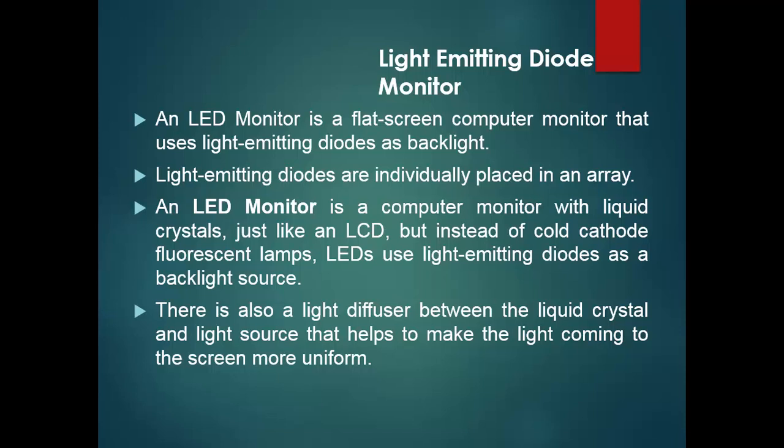But instead of cold cathode fluorescent lamp, LED uses light emitting diodes as the backlight source. So the backlight source in an LED is an LED itself, whereas the backlight in an LCD is a cathode fluorescent lamp. That is the major difference between LCD and LED.